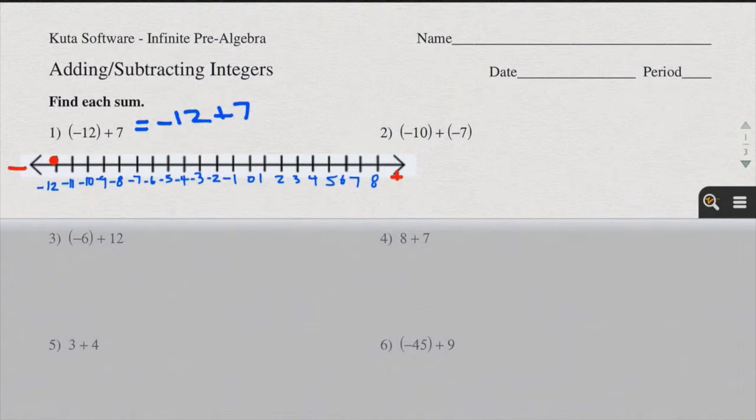So from the negative 12, we're going to go in the positive direction because it says plus 7. Positive direction 7 places. So we go 1, 2, 3, 4, 5, 6, 7. And where we end up at is negative 5. And that's how you get the value for that using the number line method.